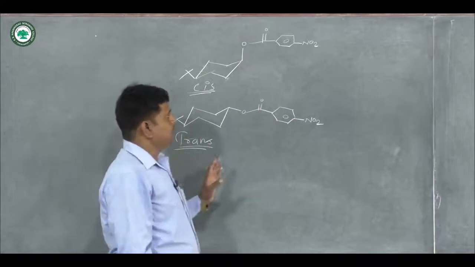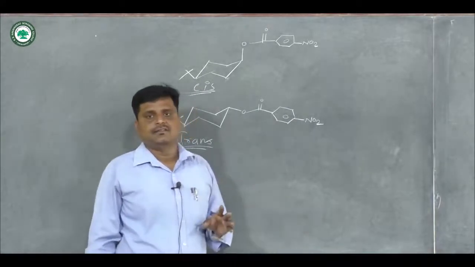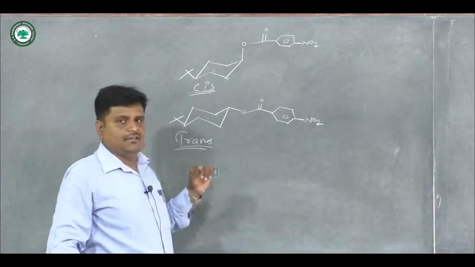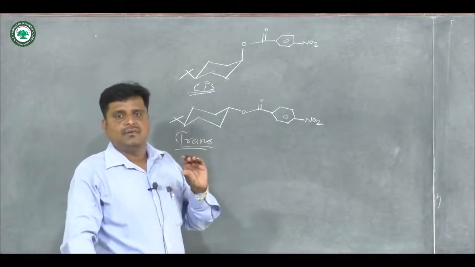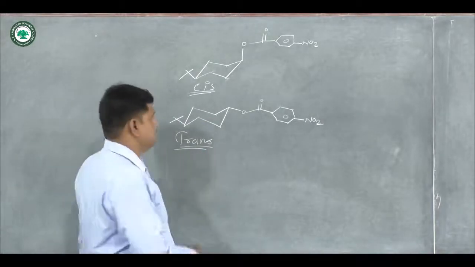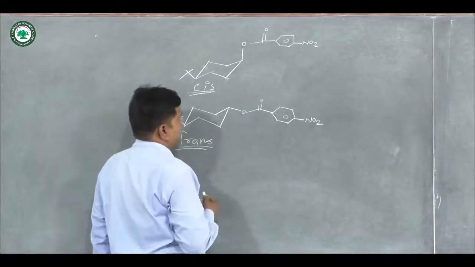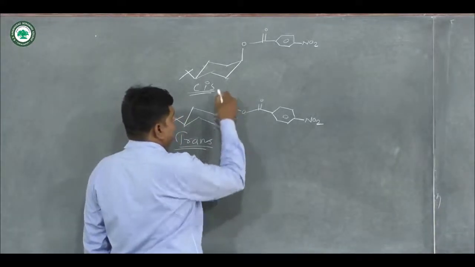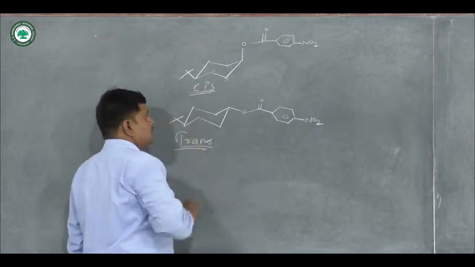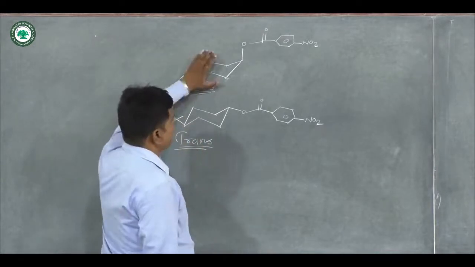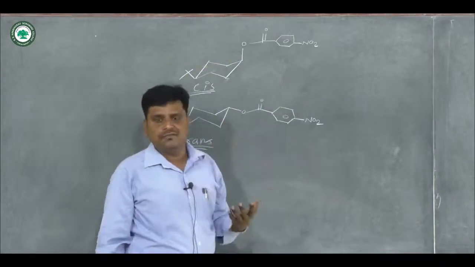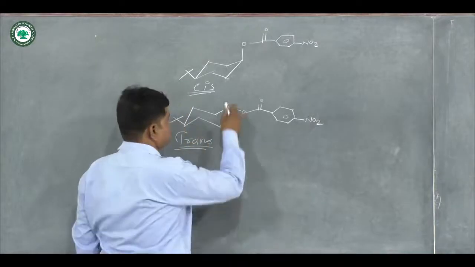For both these isomers, the rate of this reaction does not differ much between cis and trans. Suppose we say here the cis isomer is 2.5 times faster than the trans isomer.